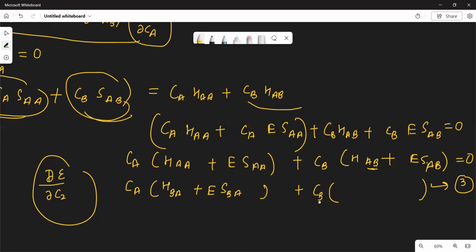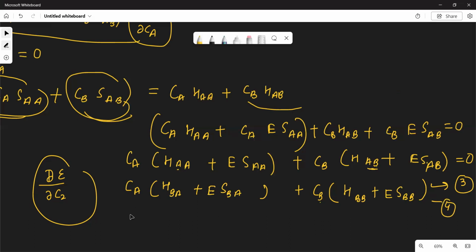This will be the difference. And with CB, we will write H, here we had AA, so here HBB will come, plus ESBB. This is the only difference. And so this is the next equation, the fourth equation.